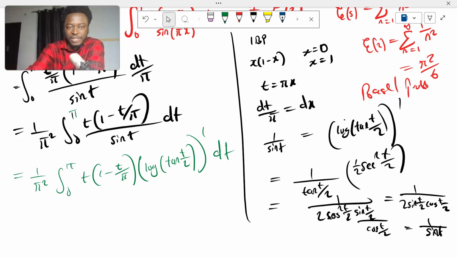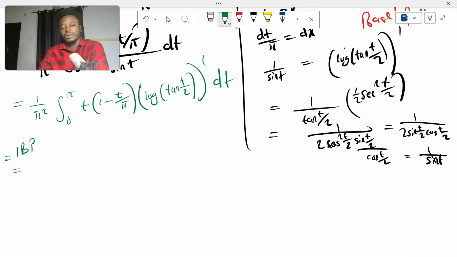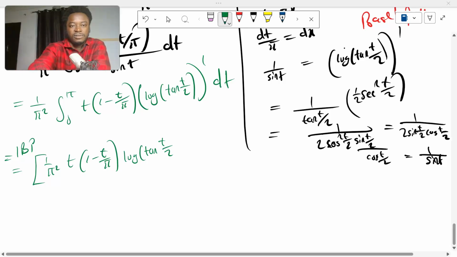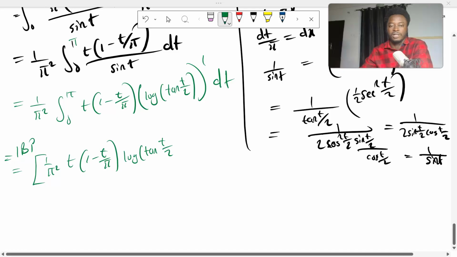Now this is set up, so by integration by parts, this should be equal to 1 over pi squared, then you would have t(1 minus t over pi), then you have the logarithm of tan of t over 2.